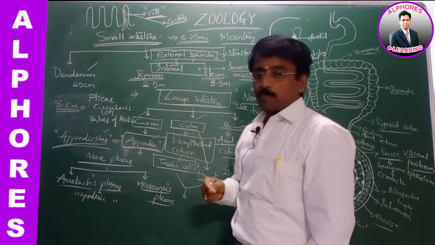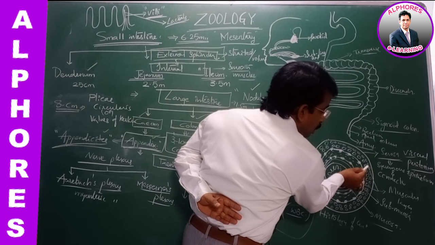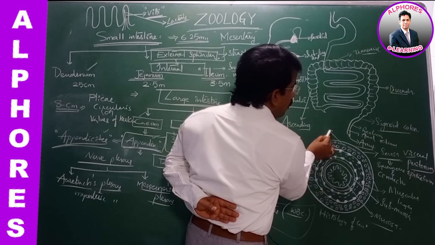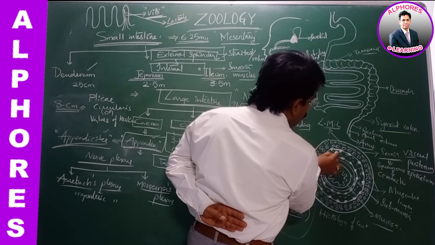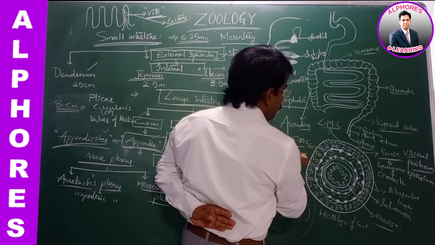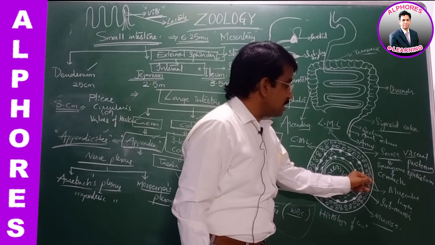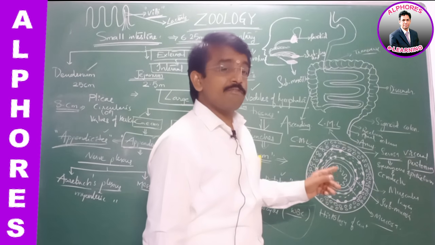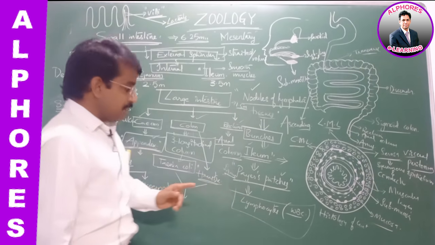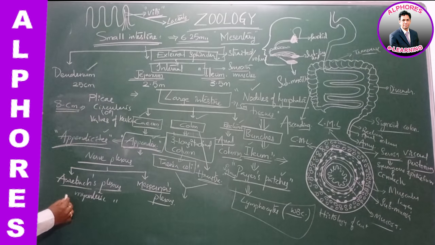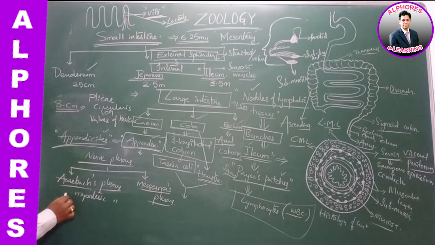So for Auerbach's plexus, look at the diagram where we see in between the longitudinal muscle layer and the circular muscle layer, there is a network of nerve fibers and parasympathetic nerves, a network of nerve cells and parasympathetic nerves.